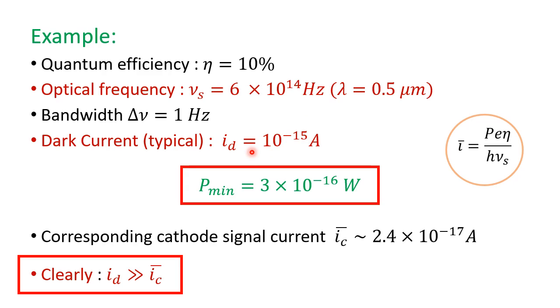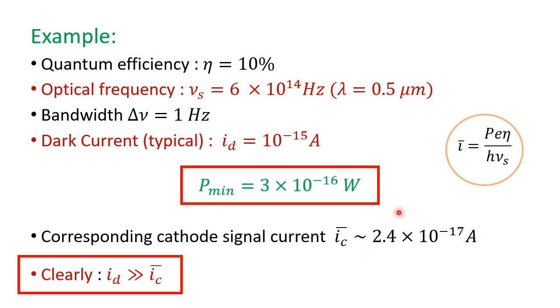So if you take this typical value of the dark current and plug it in the expression that I had in my previous slide, you see that the P minimum I would get is about 3 to the power minus 16 of a watt. This is the minimum I can detect. Now, if this is the minimum, what does it tell you? It tells you the corresponding average cathode current, the average current which I am detecting. So average current happens to be of the order of 10 to the power of minus 17 of an ampere, right? So you see clearly the signal is much weaker.